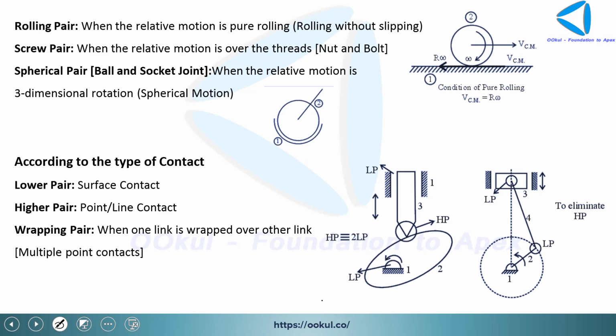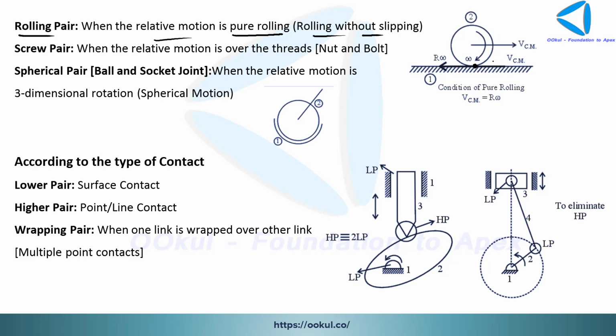Now moving ahead, we have another type of pair known as a rolling pair, when the relative motion is pure rolling. Pure rolling means rolling without slipping. If this is a roller rotating over a plane surface, it will only rotate. If this is the eye center, we will look at it in detail in the chapter of velocity analysis.